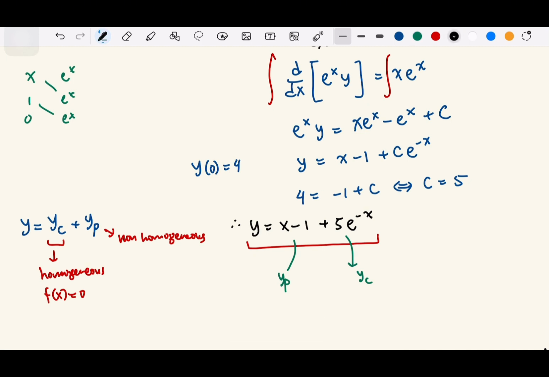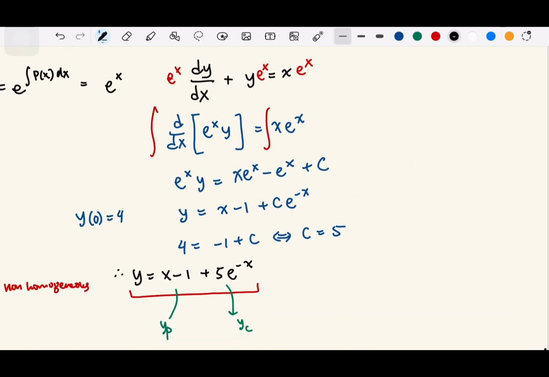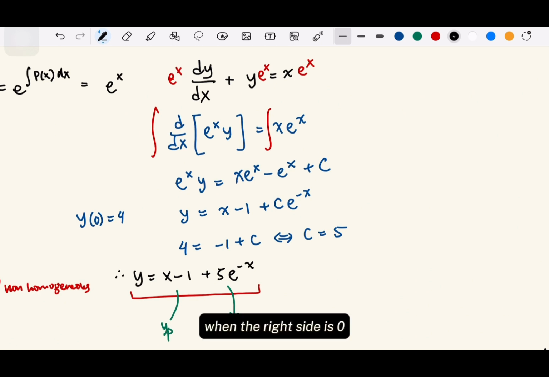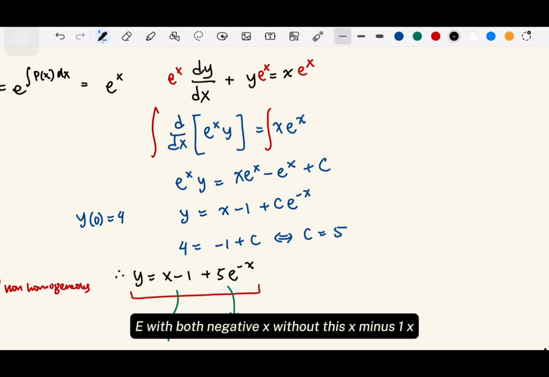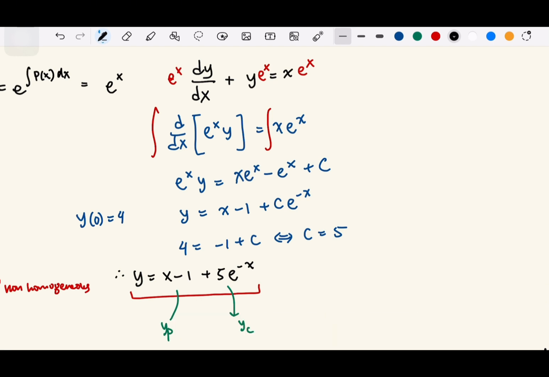You can check, when the right side is 0, then you're getting the same e to the power of negative x without this x minus 1.